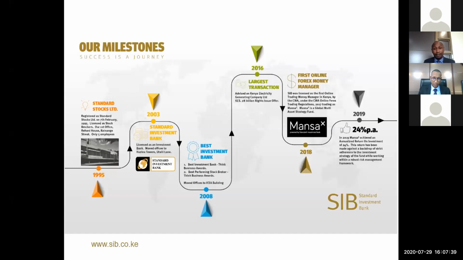In 2016, the bank underwrote the largest transaction by advising KenGen, or Kenya Electricity Generating Company, on a 28 billion rights issue. So in 2018, and for the same reason as well, we're having this kind of conversation today, SIB became the first online forex money manager licensed by the Capital Markets Authority under the CMA Online Forex Trading Regulations of 2017.